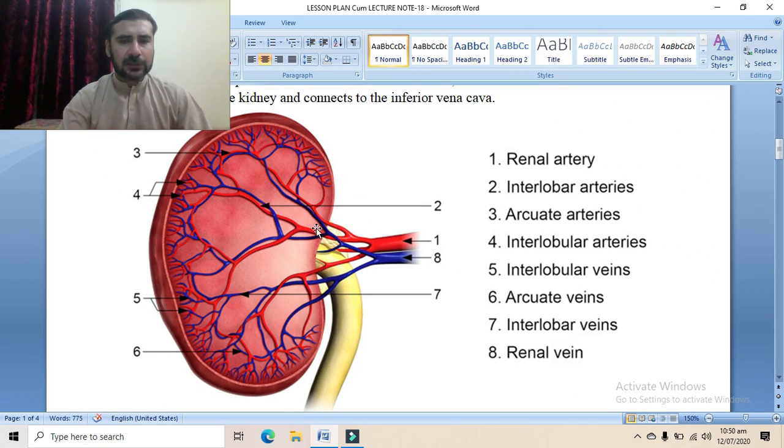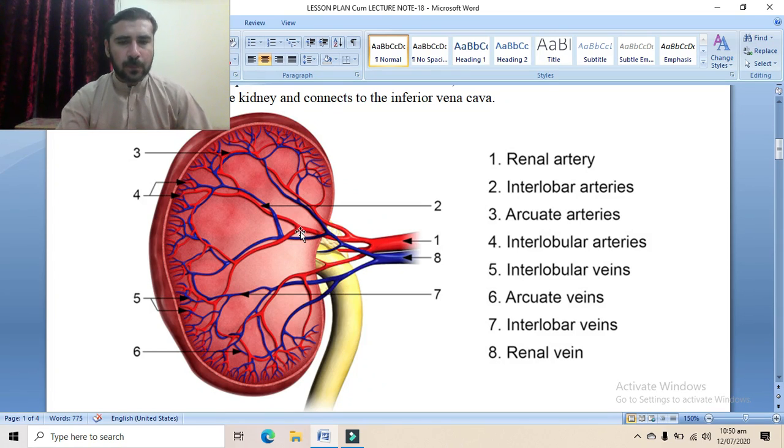It enters inside and divides and further divides and forms the interlobular arteries, or in other words, it is also known as the cortical radial arteries. The former name is interlobular arteries, while the recent name is the cortical radial arteries.